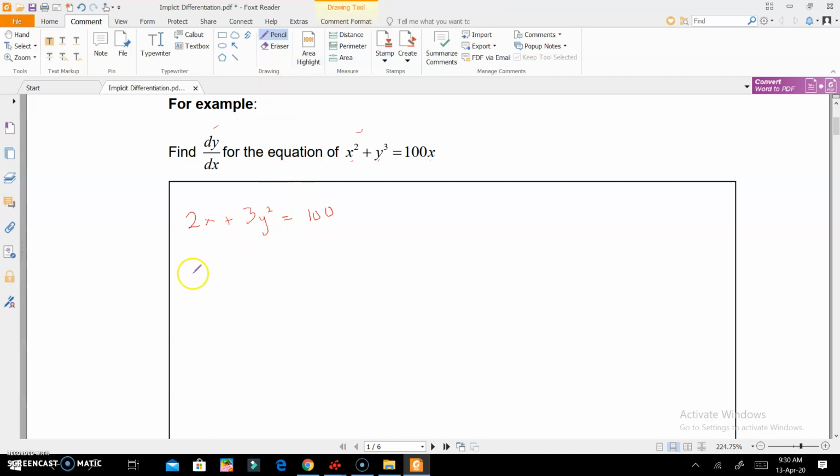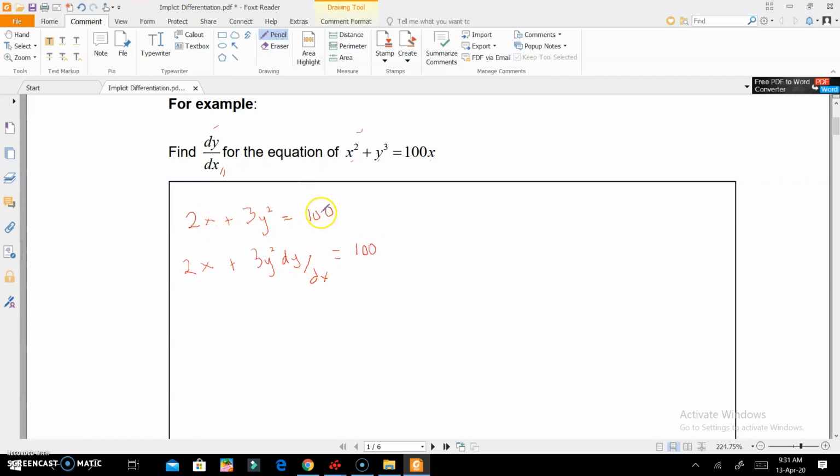So basically, you are going to get 2x plus 3y to the power of 2. Since you differentiate y with respect to x, you must put next to it dy over dx, equals 100.